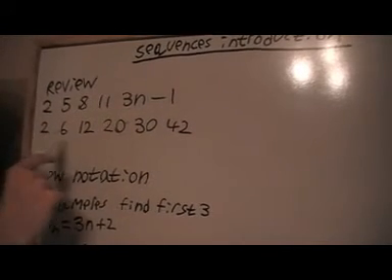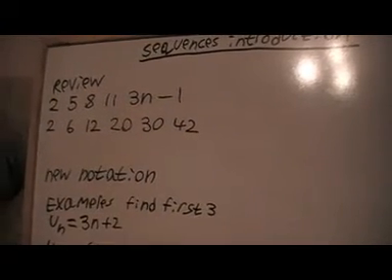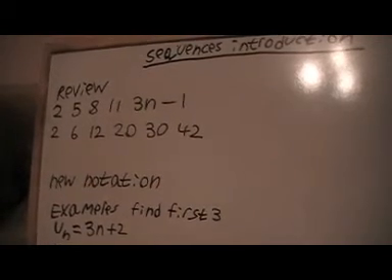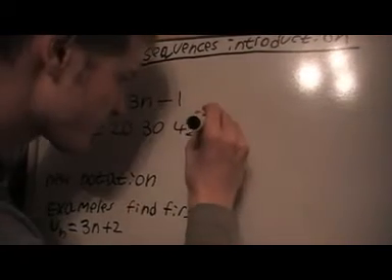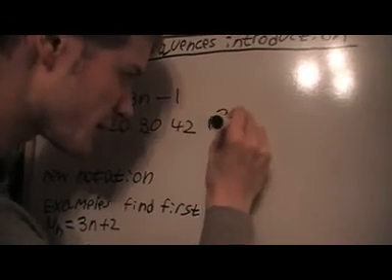And the second one's actually a quadratic type, and you would find out that the nth term for that one would be n squared minus n.